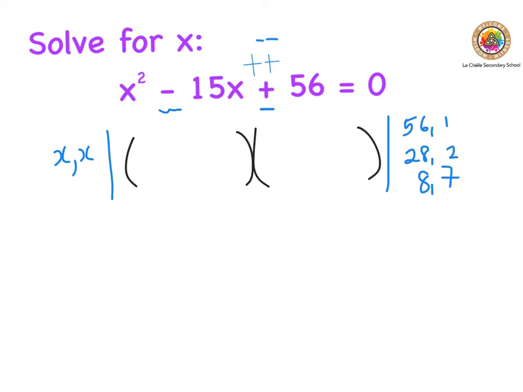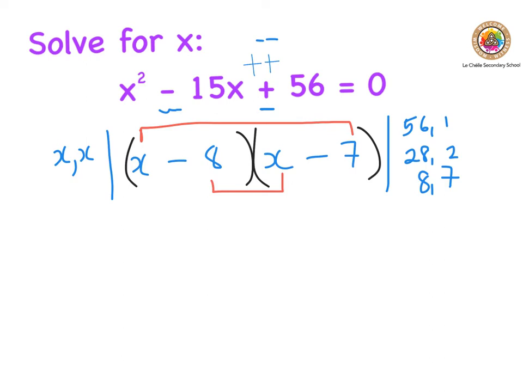As always, the 2 inside terms go together and the 2 outside terms go together. So here I have x and here I have x. Which 2 factors from this list, subtracted together or added together, are going to give me 15? Well, that's 8 and 7, because 8 and 7 is 15. And in this case, I know they're both minuses, so I just have my 2 minuses there.